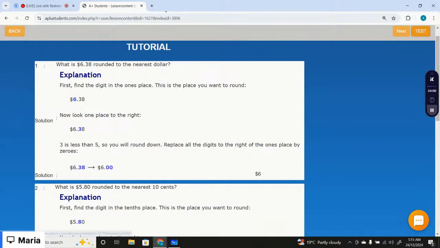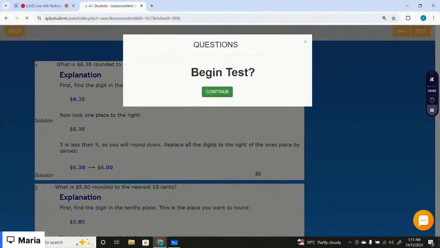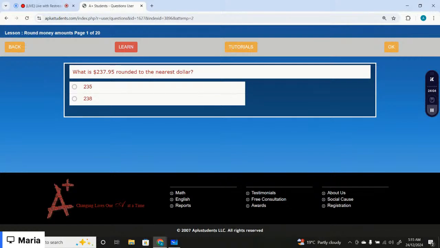Let's just start with the test questions. What is 237.95 rounded to the nearest dollar? Nearest dollar you have to round off, right? 237 is the whole number, right?